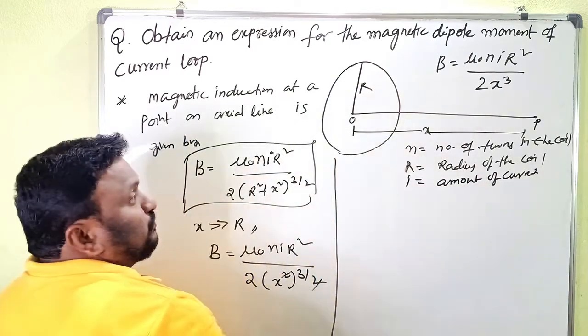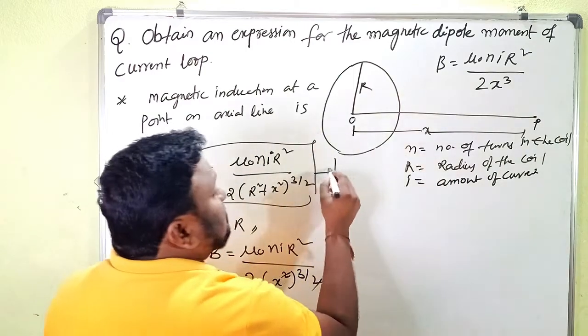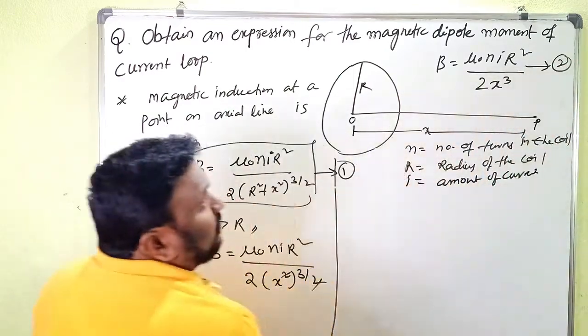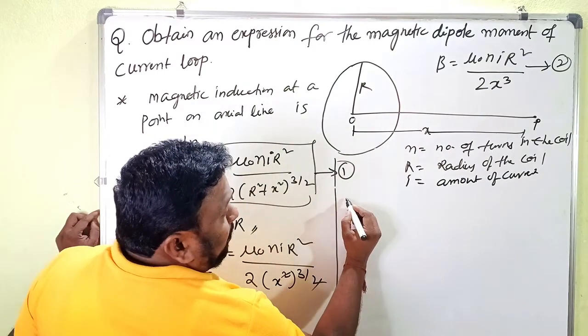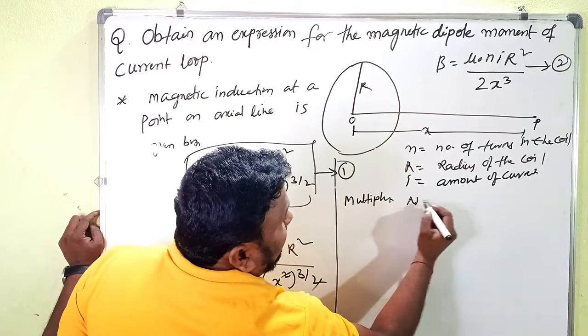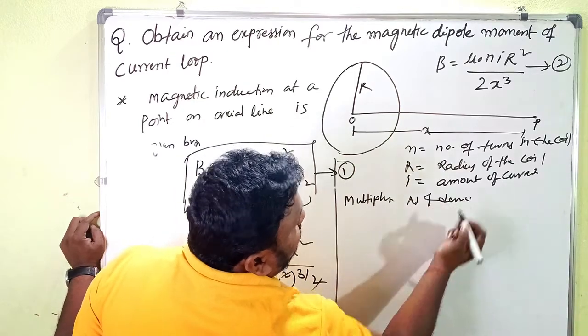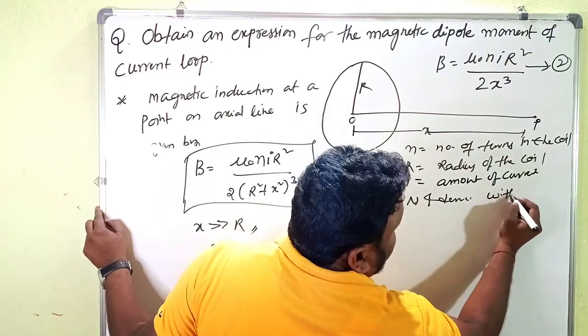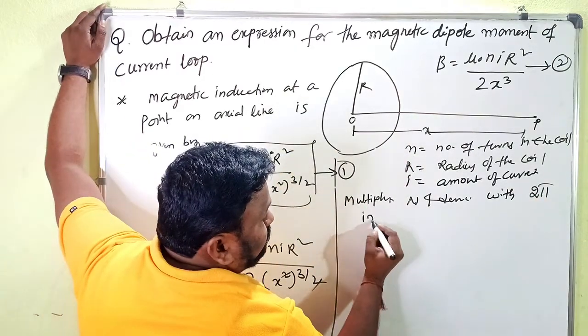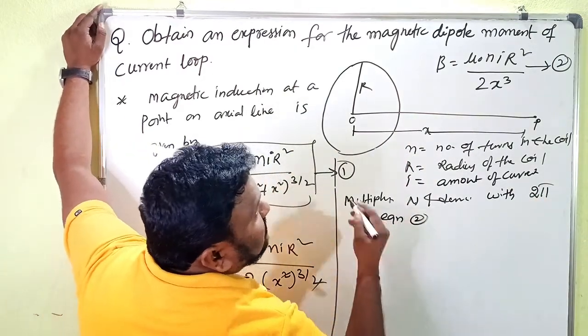Children, I am taking the first as equation number 1 and this as equation number 2. After that, multiply the numerator and denominator with 2 pi in equation 2. Then what do you get, children?